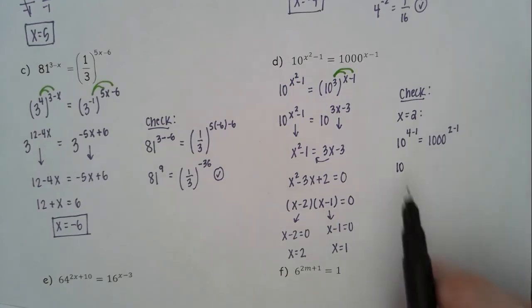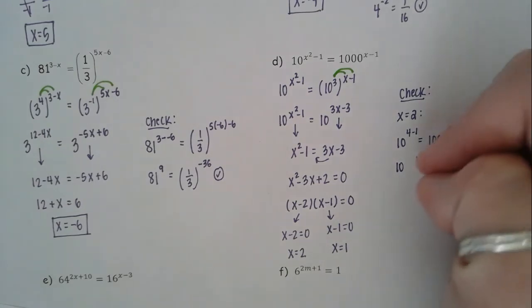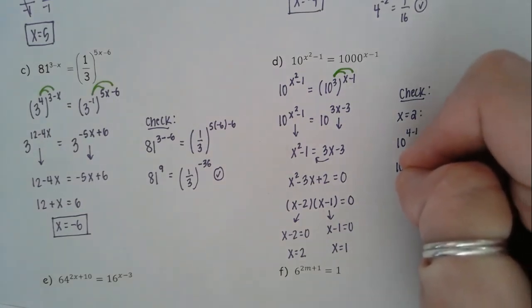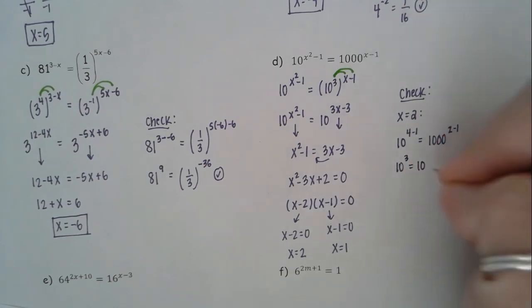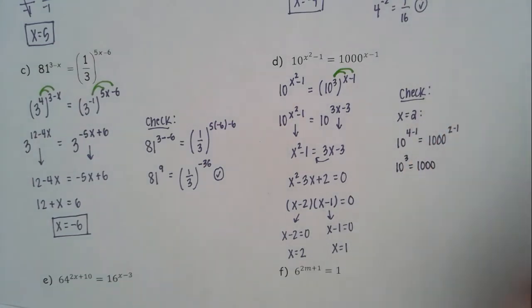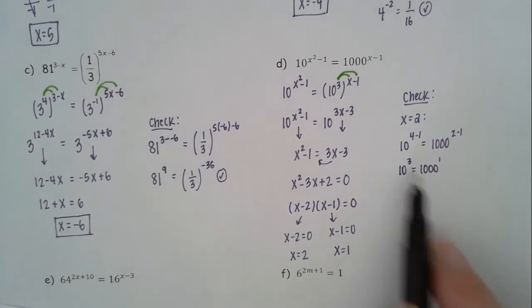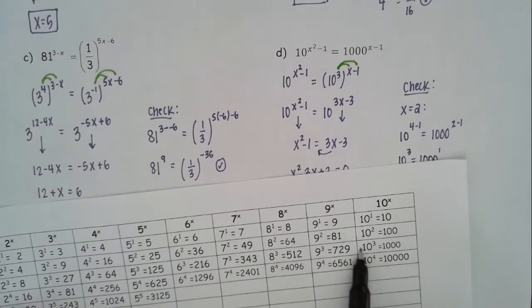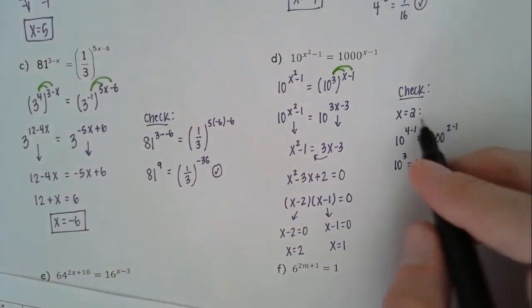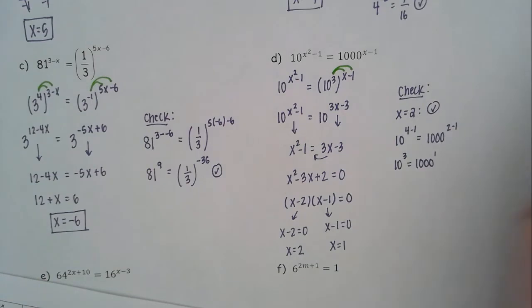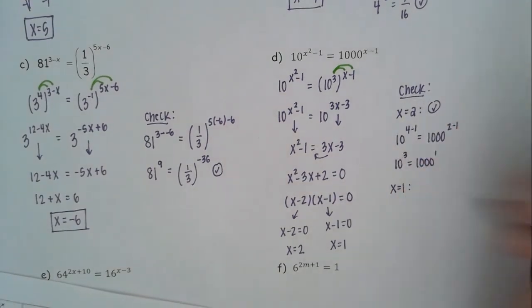And then if I go ahead and simplify, 4 minus 1 is going to give me a 3. And then that's going to give me 1,000 to the 2 minus 1, which is the first. And I know that that's true because 10 to the third power is equal to 1,000. I have that right in my chart here. So 2 does work.